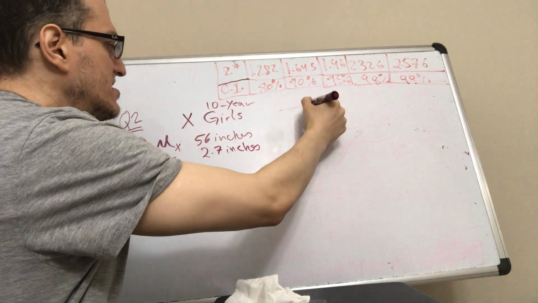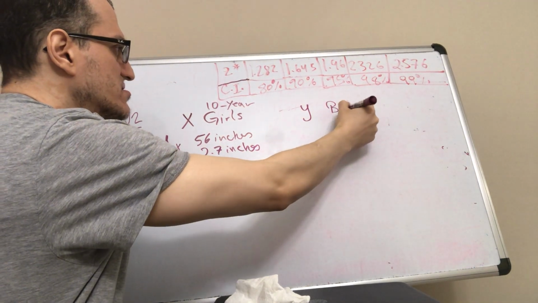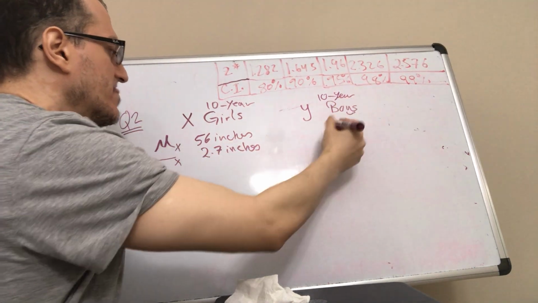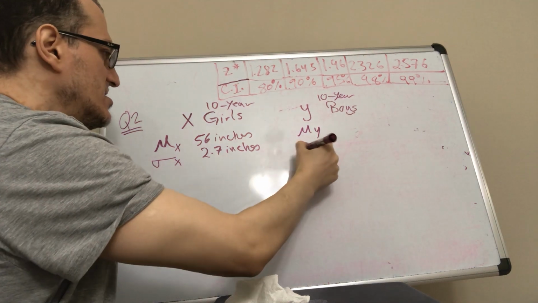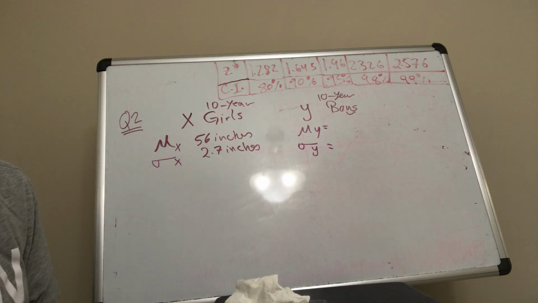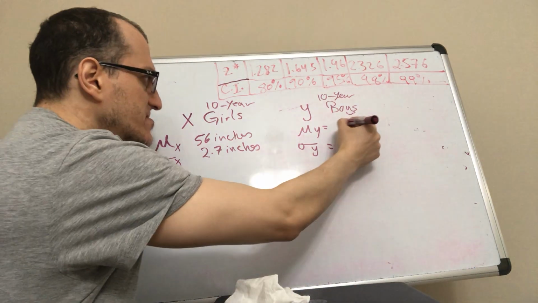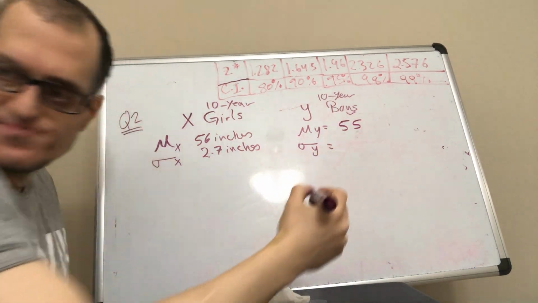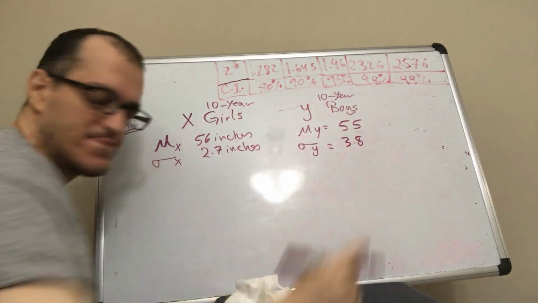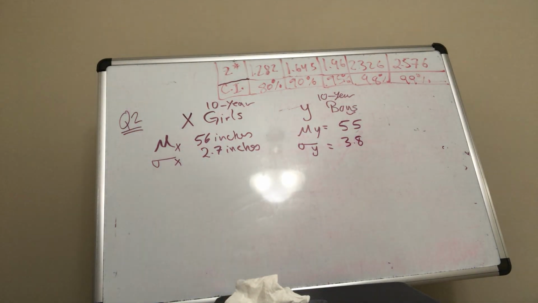And then Y would be 10-year-old boys. They give you mu and sigma. Mu is 55 and sigma is 3.8. And the question is A.